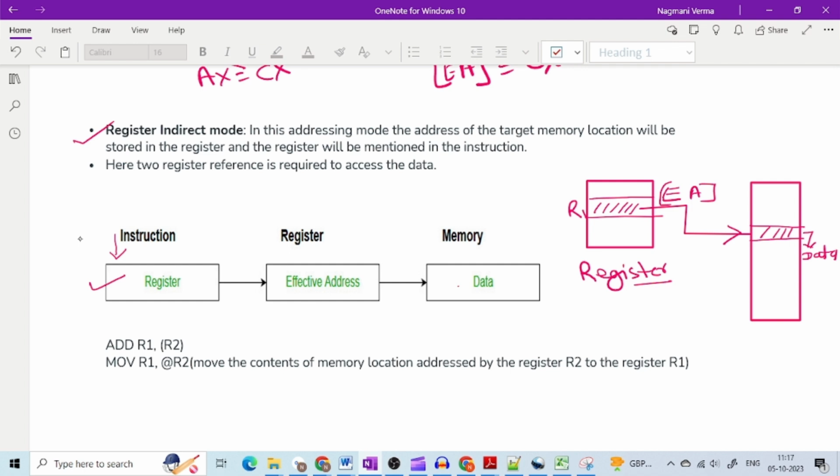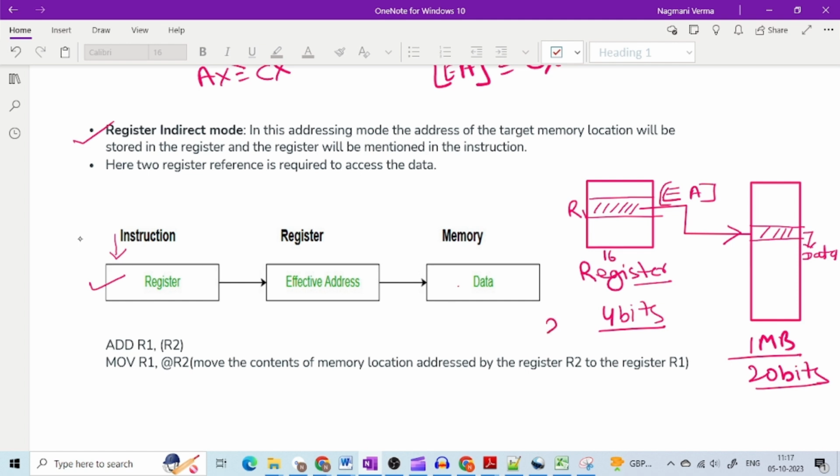Okay, this is good. Now what is the benefit of doing this? The benefit is here. For example, we already discussed that for 1 MB RAM we need 20 bits, and for the registers we need only 4 bits, because there are 16 registers.